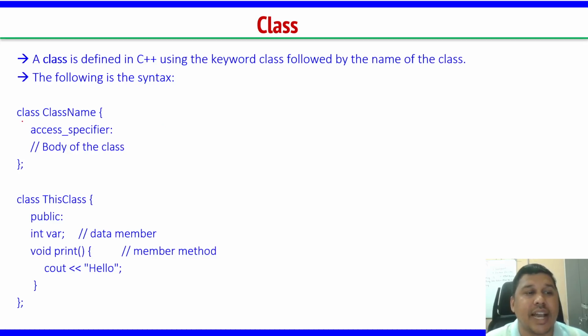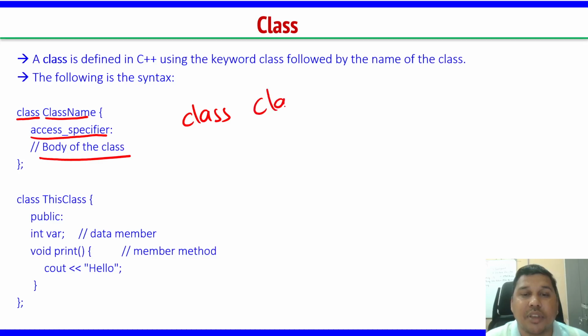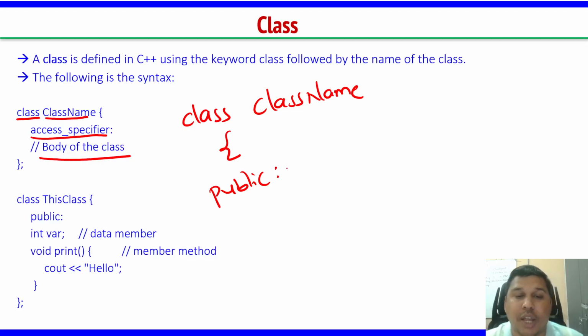Let's see the syntax and example. See the syntax here: the keyword class and some class name, access specifier, which I'll come to later, then the body of the class and close. So we can write class name, open, then some access specifier, for example public, which I'll talk about later. Public int a, b, c, and then I can give public again.